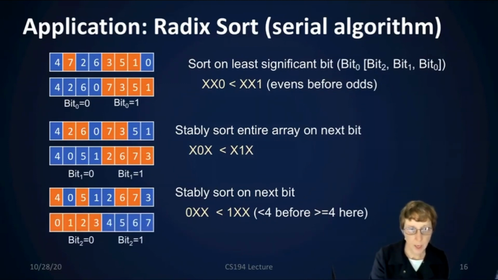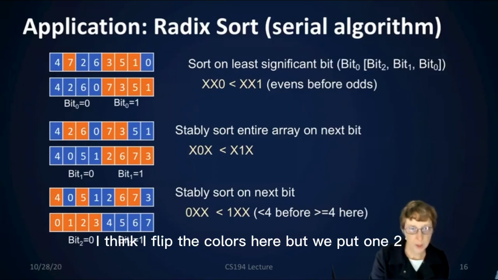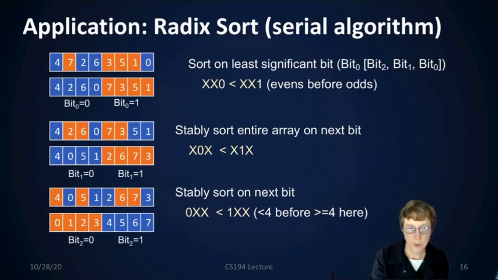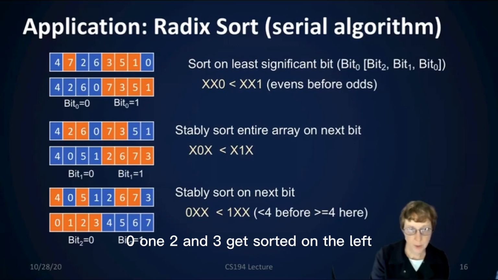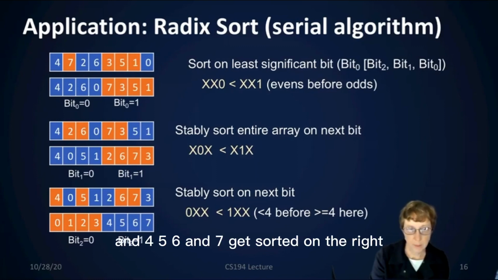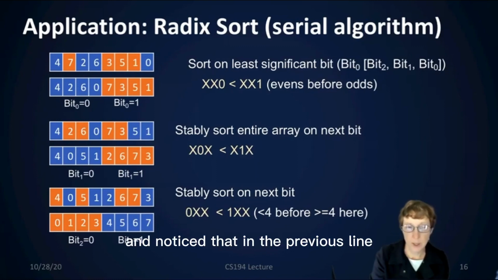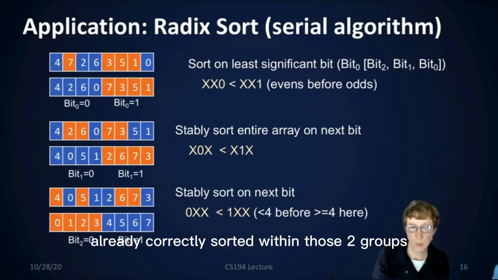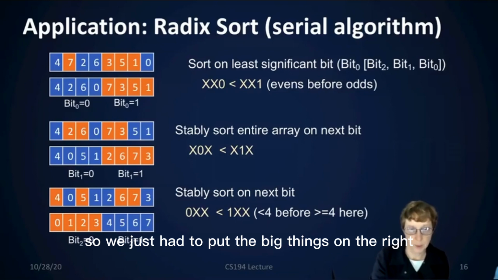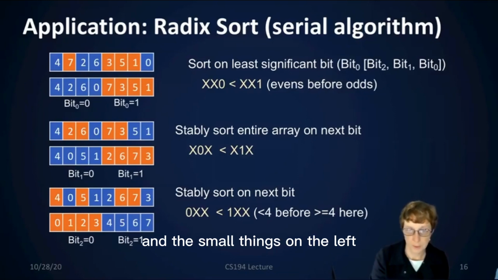I think I flipped the colors here, but 0, 1, 2, and 3 get sorted on the left, and 4, 5, 6, and 7 get sorted on the right. Notice that in the previous line, they were already correctly sorted within those 2 groups, so we just had to put the big things on the right and the small things on the left.